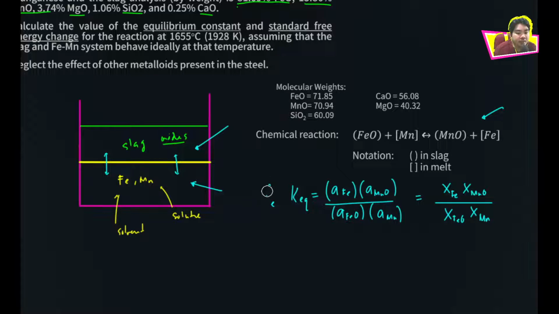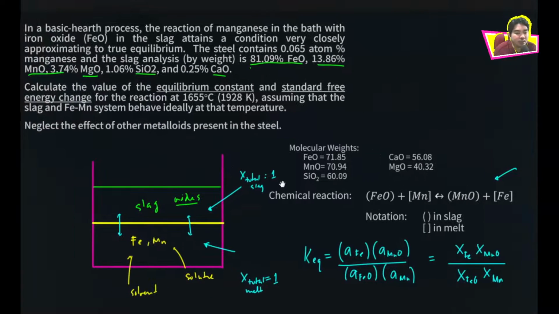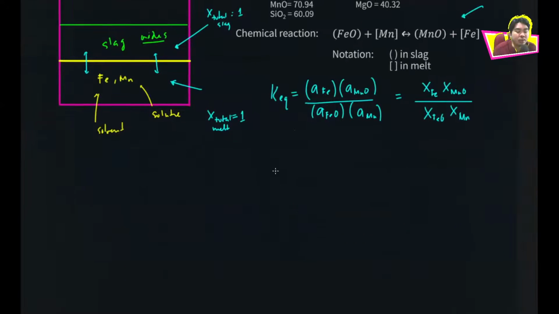And if we add the molar fractions, X total should obviously be equal to 1, no? Tama? So that's X total for the melt, should be equal to 1. Tapos yung X total din dito for the slag should also be equal to 1. Okay? Tapos, given naman yung mga molecular weights, so we can actually compute for them. Okay?